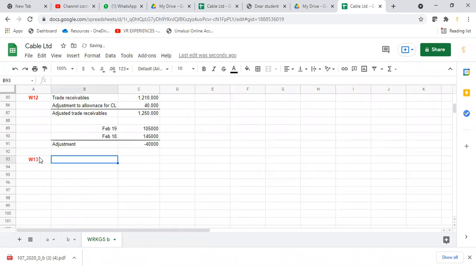So for working 13, how are we going to calculate? You need the present value as at 28 February 2019 using the new estimates, and you need the present value as at 28 February 2019 using the original estimates. Okay, so I'm going to start with the new one. So we just call this new estimate.